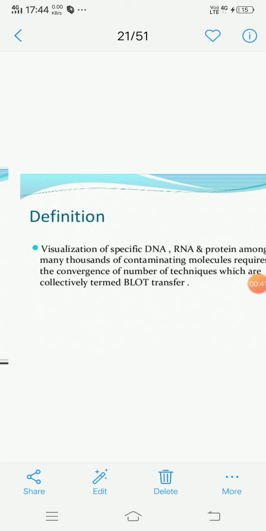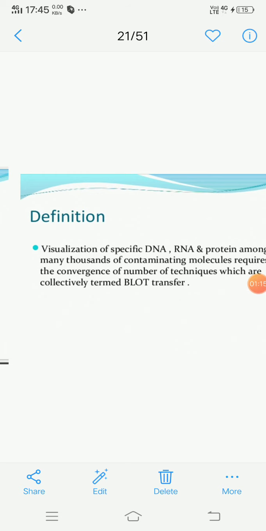There are different types of blotting techniques, but first we'll see what is meant by blotting. This technique is utilized to detect different types of biomolecules like DNA, mRNA and proteins during gene expression.